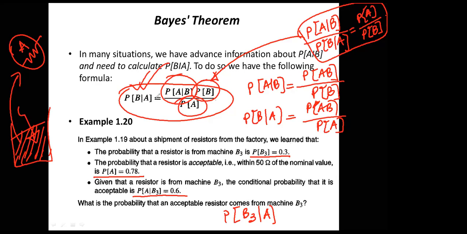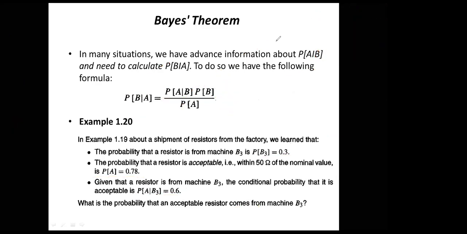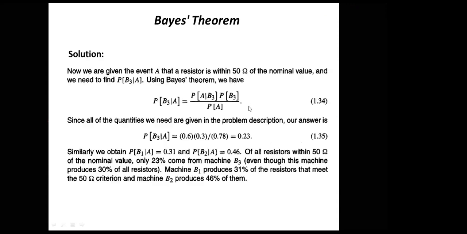All right. So you just see the result, you can answer the question easily. Just put the values and you can find out that this is 0.23. That means 23% probability that an acceptable register is coming from machine B3, and they have also found out the other values: B1 given A is 0.31 and B2 given A is 0.46.